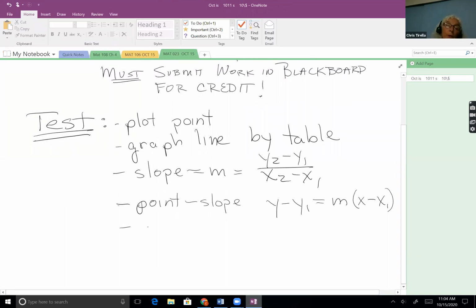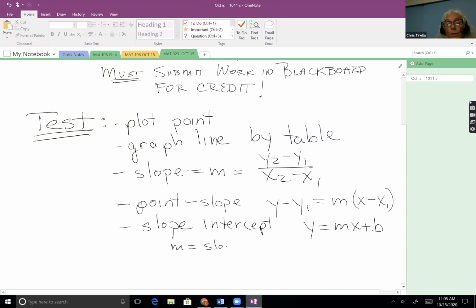You need to be familiar with your slope-intercept form, which is your y equals mx plus b, where m is the slope and b is the y-intercept.